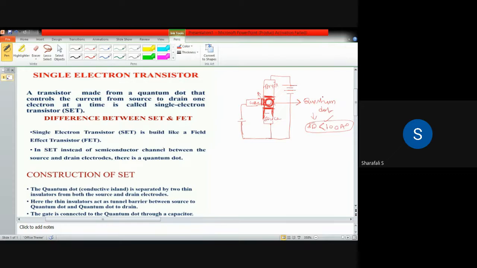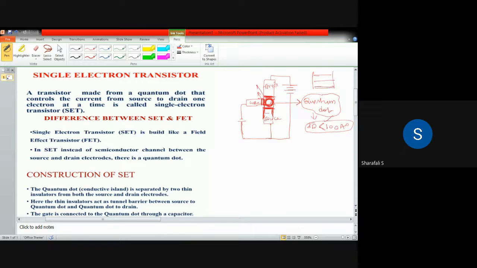So basically this quantum dot will give you discrete energy levels. In the single electron transistor, we have a quantum dot instead of a channel in this transistor configuration, and then we have two tunnel junctions here.